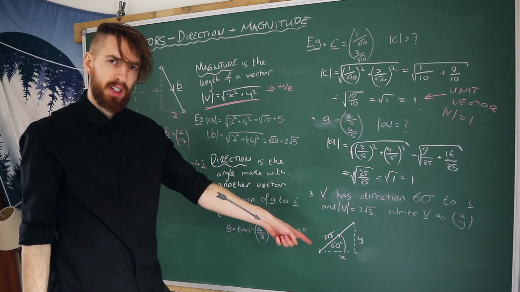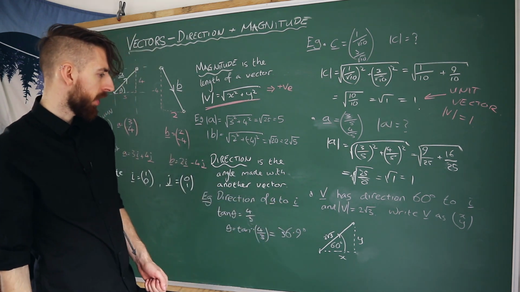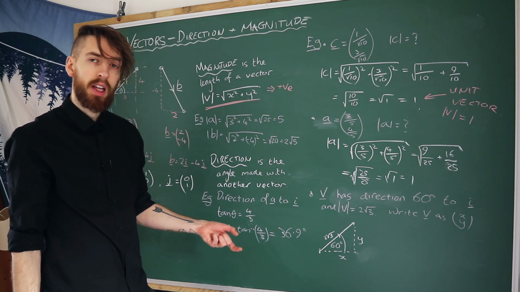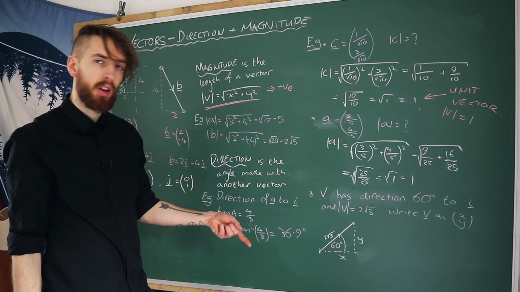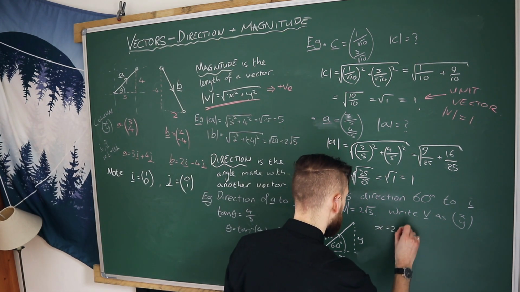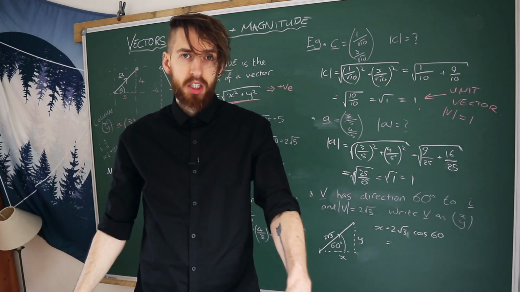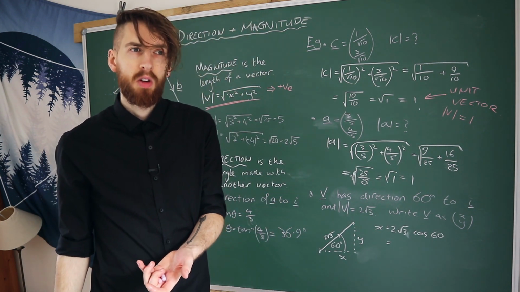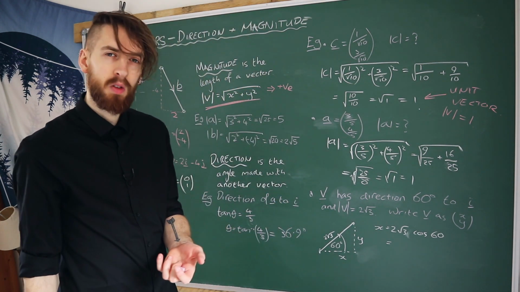So what we need to do is work out x. So x is just going to be, quite simply, using trigonometry, 2√3 cos 60. Which, because cos of 60 is a half, this is just going to be √3.